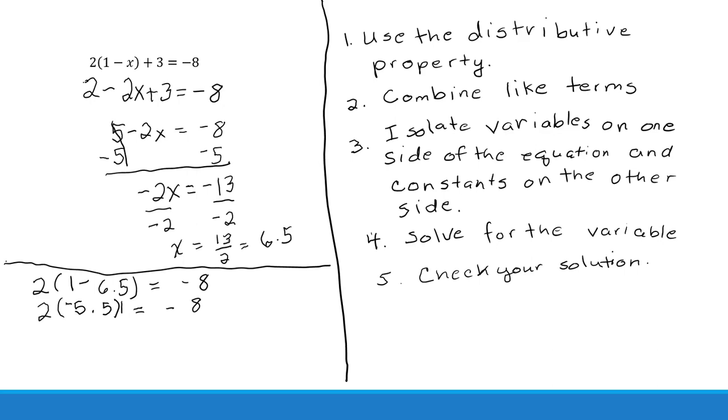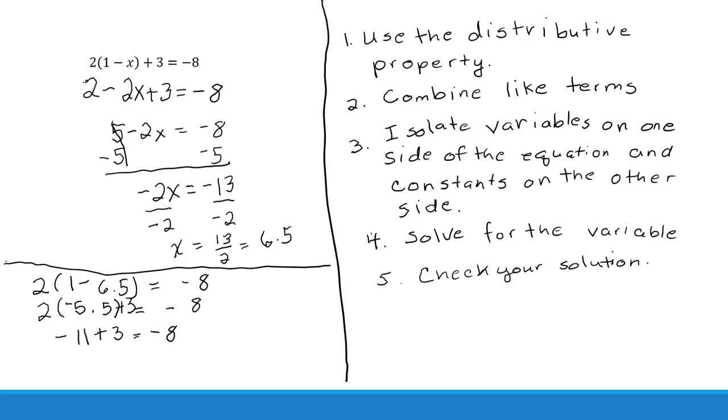Oops, forgot the plus 3 on the outside. So now I will multiply 2 times negative 5 and 5/10, which is negative 11, plus 3 equals negative 8.